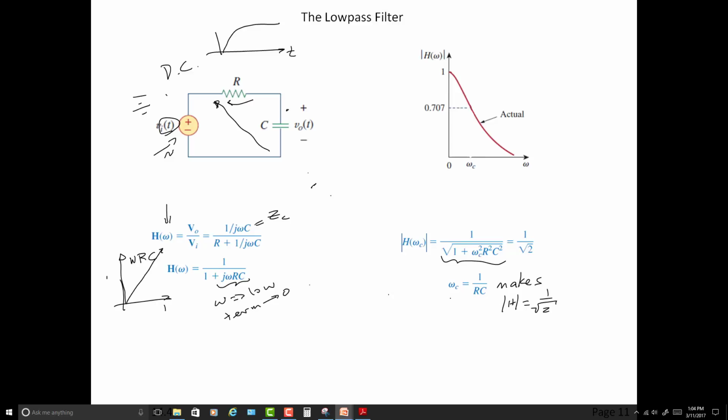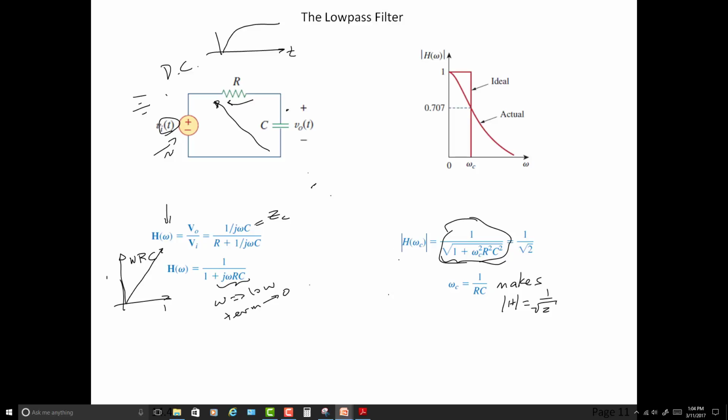All right, so that looks like this. If I plot the magnitude function, if I plot all of this, that's what it looks like right there. That's the actual. Kind of sloppy, isn't it? We can identify where the omega c is, 0.707. We got that, no problem. But this is not a nice corner at all. This is what we want.